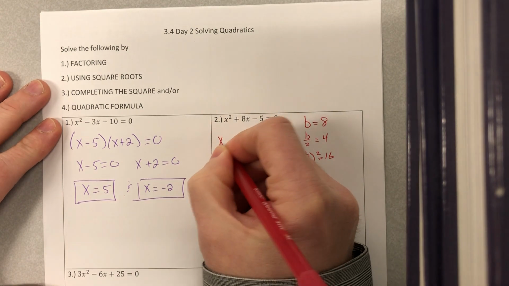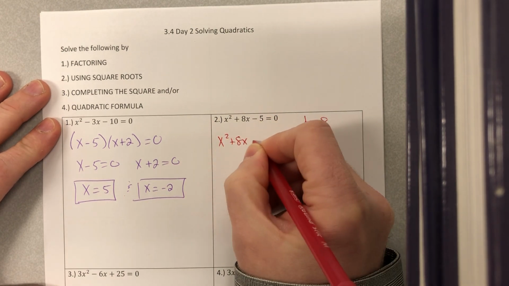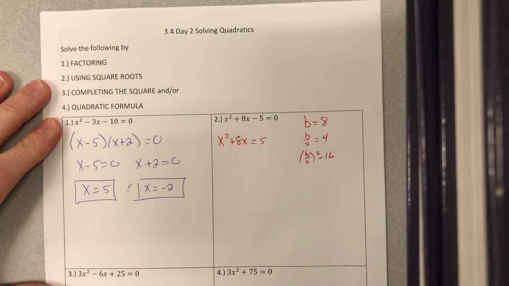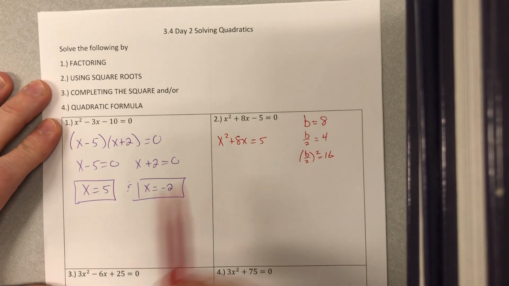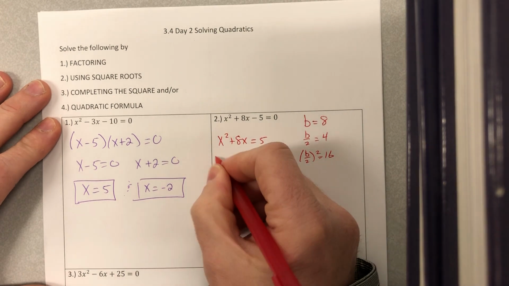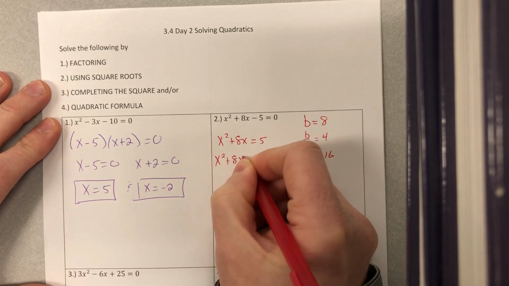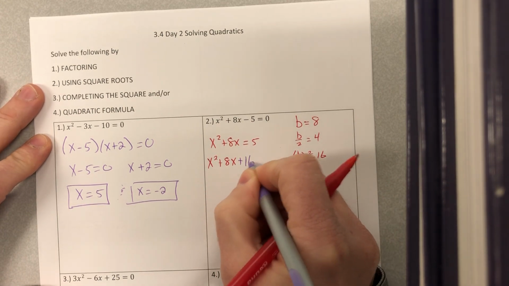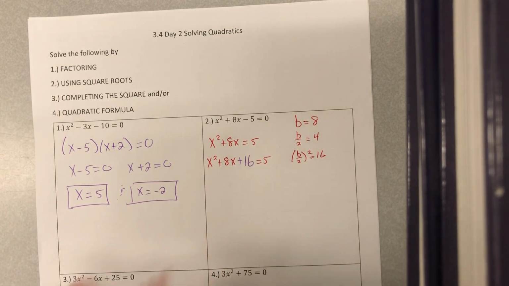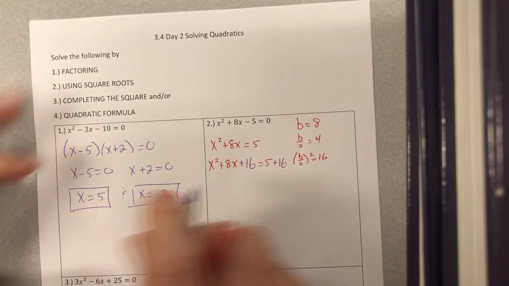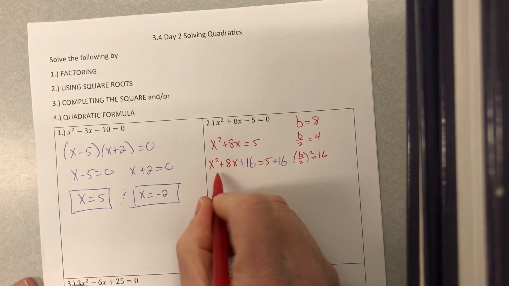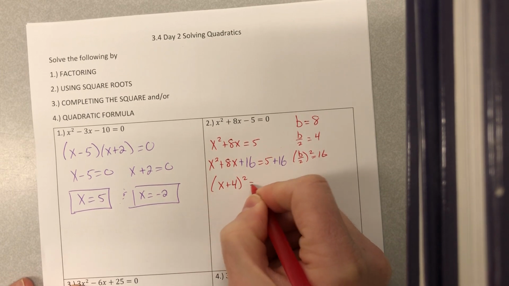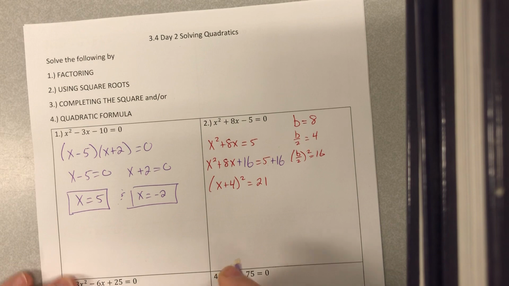When I go through and solve this, I need to get my x squared and my bx term on the same side, and my constant to the other side. If I do that, I can now add 16, my b over 2 squared term, to each side to complete the square. This will factor to (x plus 4) squared equals 21.